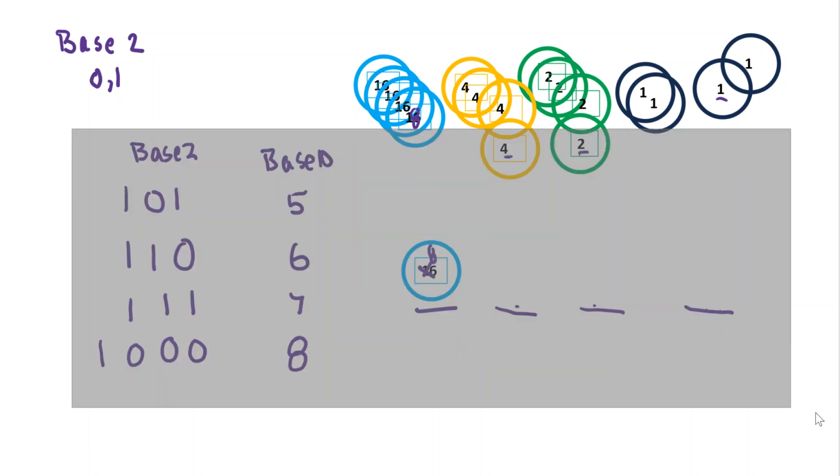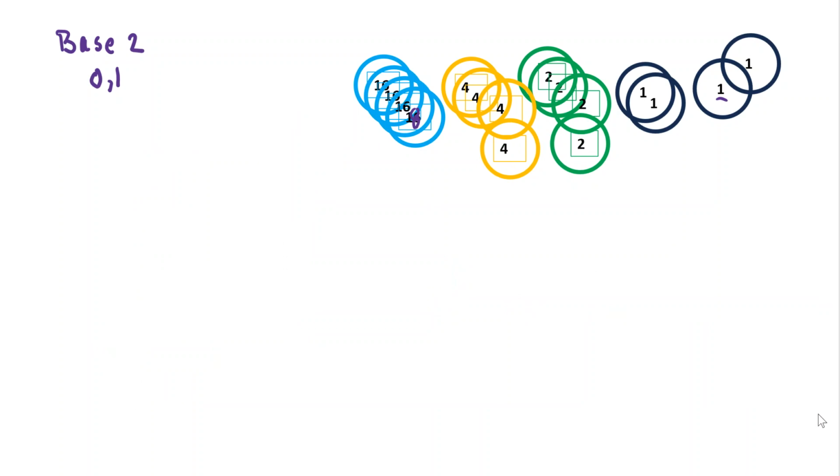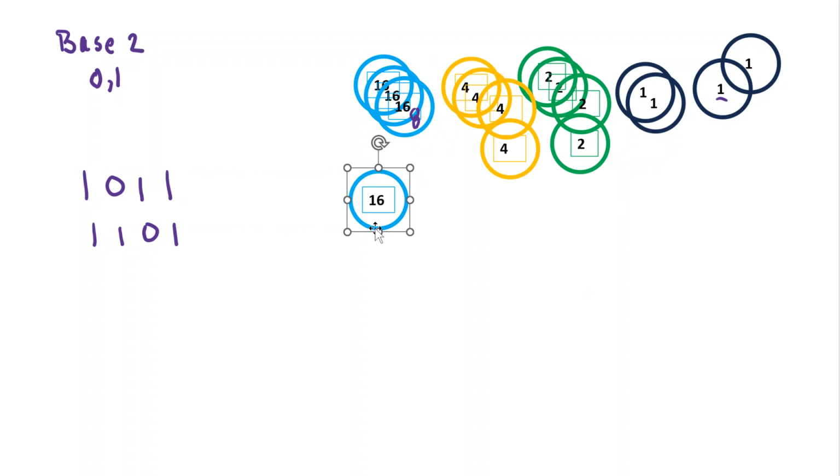I'm going to get rid of all of this, and we're going to do some addition. In base 2, let's take the number 1, 0, 1, 1 and add it to the number 1, 1, 0, 1 and see what we have. So that means I need an 8-cent piece, not a 16-cent piece.